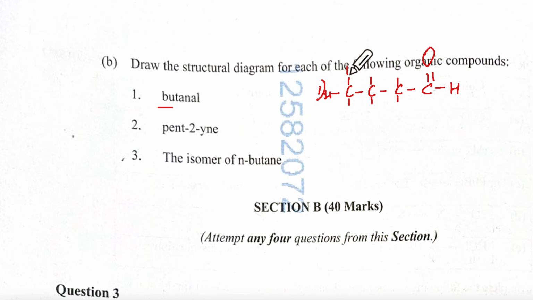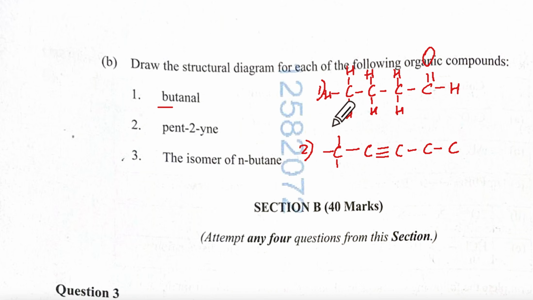So we will write all H's like this, and that becomes your butanal. Pent-2-yne: 1, 2, 2-yne. So I'm putting here triple bond for yne, 3, 4, 5. That is pent-2-yne.